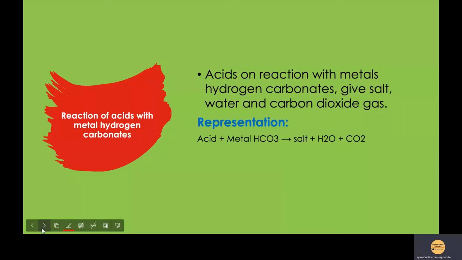Then the next type of reaction we are going to see is the reaction of the acids with the metal hydrogen carbonates. Here also, first we will see the general representation. When acids react with metal hydrogen carbonates, they give salt, water and carbon dioxide, same as what we have already seen in the reaction with the metal carbonates.